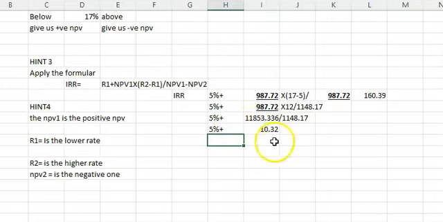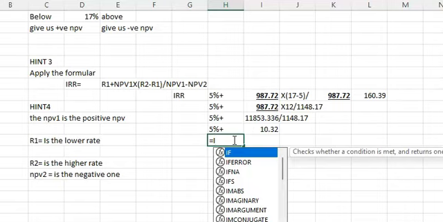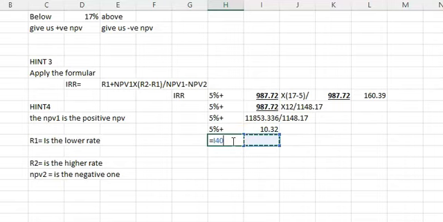So when we add 5 plus that, the answer of this and that is 15.32%.